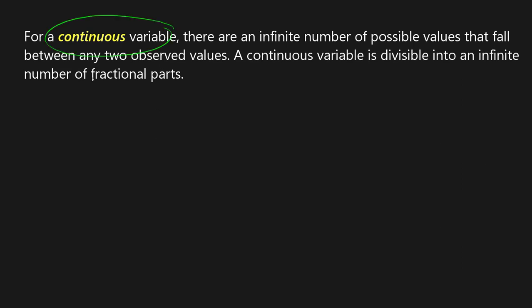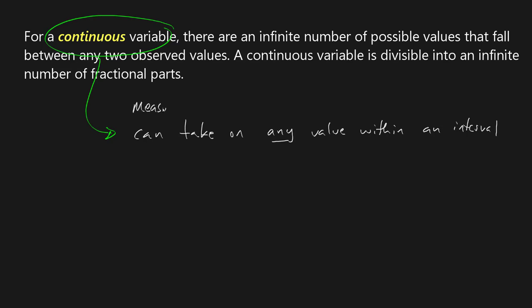Well, an easier way of saying this would be that a continuous variable can take on, instead of certain values, any value within an interval. Typically, continuous variables are measured variables as opposed to counts for discrete variables.